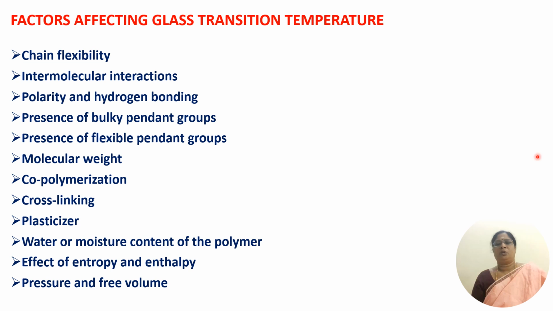Cross-linking usually increases the glass transition temperature of polymers by restricting chain mobility and increasing rigidity as the covalent bonds between the chains hinder free rotation and segmental motion. The next one is the plasticizer.